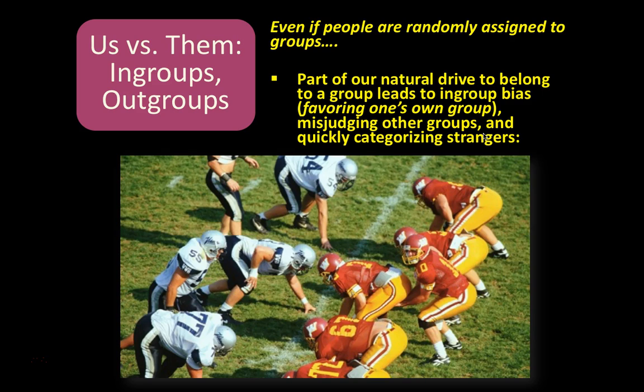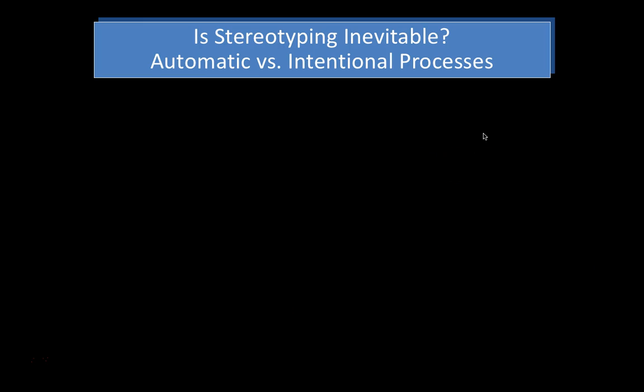Members of out-groups tend to be seen in what's called the outgroup homogeneity effect. They're all alike, quote unquote. That's a very natural thing that happens when we follow this natural tendency to become groupy, if you will, in this way. So is stereotyping inevitable?